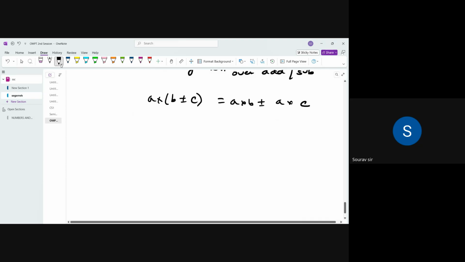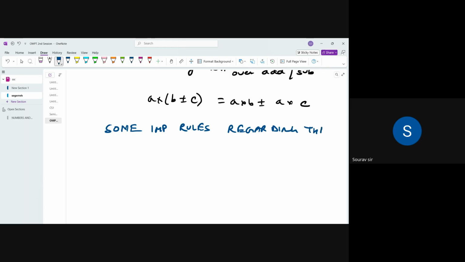I hope till now it is clear. We can go further for some important rules regarding the sign convention, and also in mathematical operations. So here, what are those?